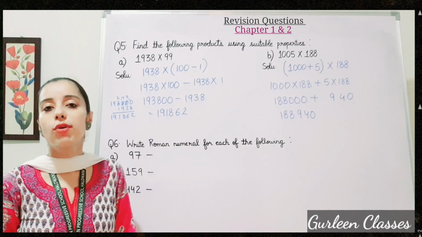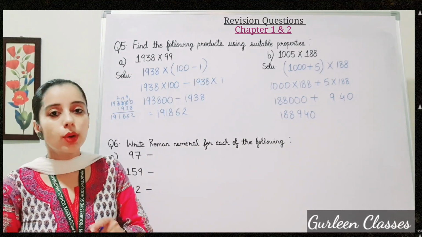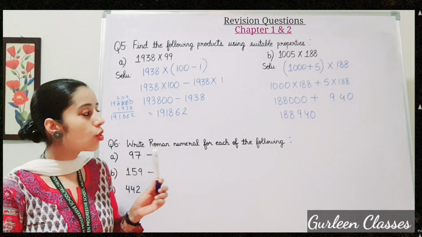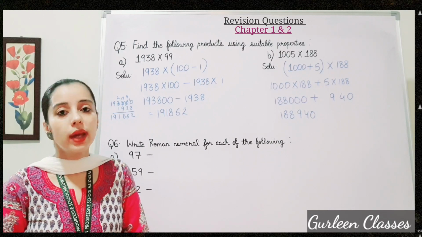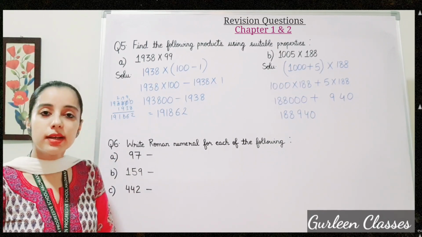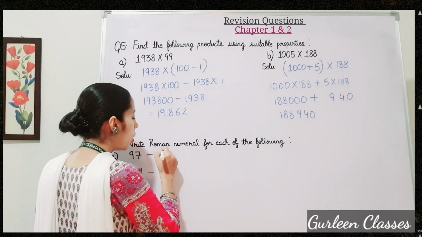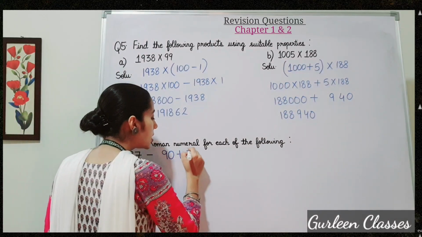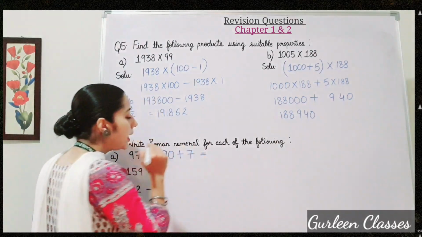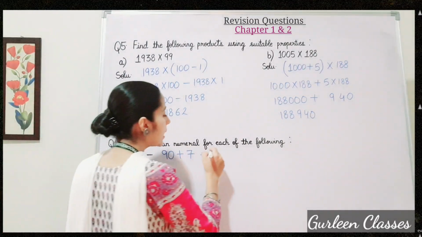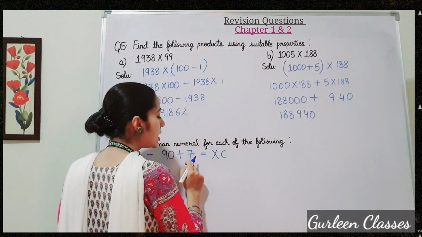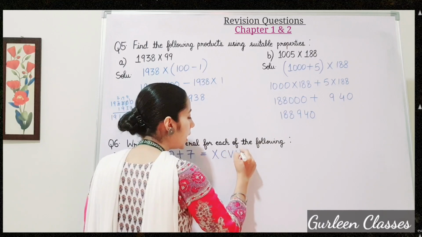Now question number 6. Write Roman numeral for each of the following. Before doing this, you all should know all these Roman numerals. So now let us do A bar. 97. You have to write in expanded form. 90 plus 7. So 90, how it is written as? XC. And 7 is written as VII.